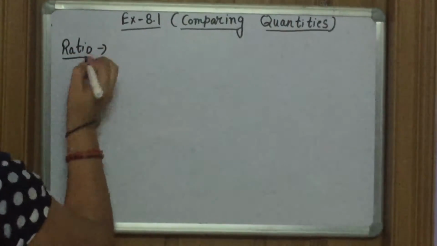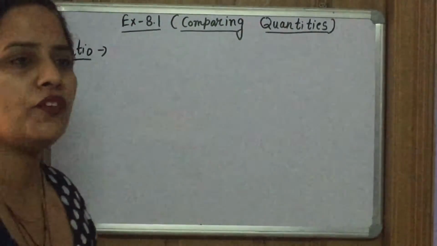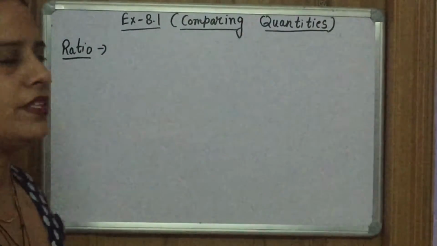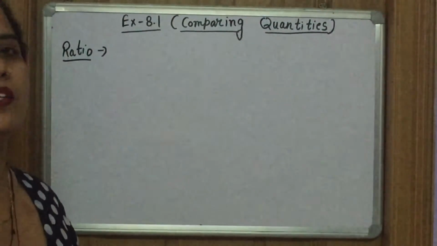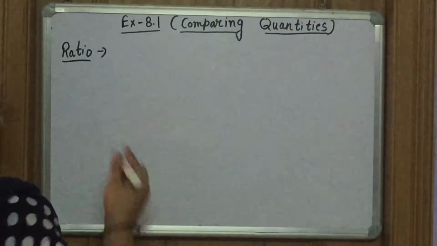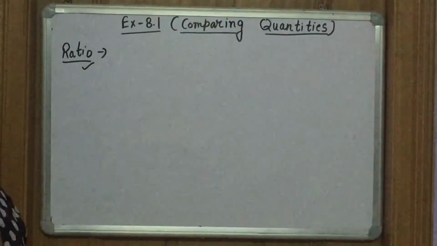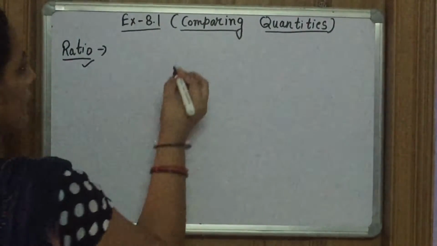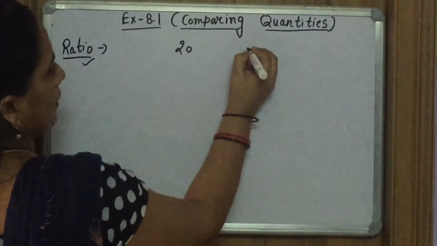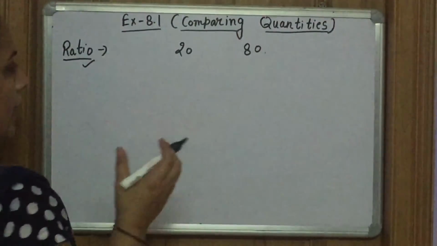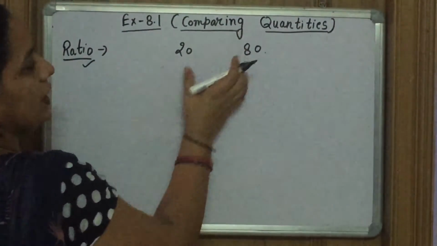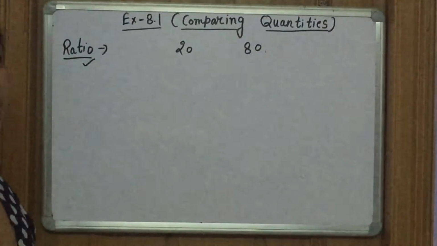Ratio is a comparison of numbers of the same kind by division. That means if we compare two numbers by division, then we say that this is the ratio of these two quantities. For example, if we compare 20 to 80, and we have to find out the ratio of these two quantities, what will we do?